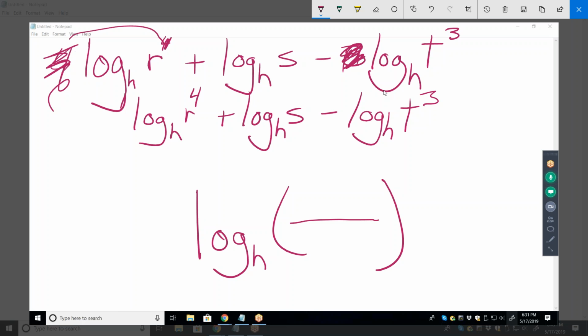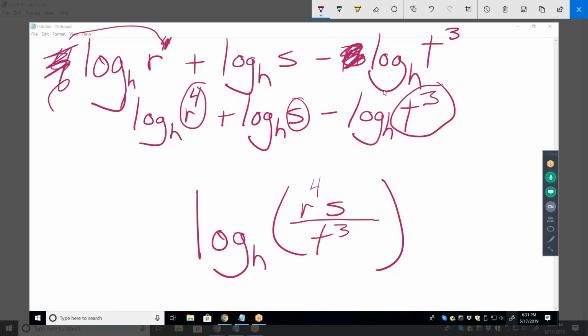What's in the numerator? No, I've already got the log in front. The only thing I'm looking for is the argument. In the numerator is that times that, and in the denominator is that.